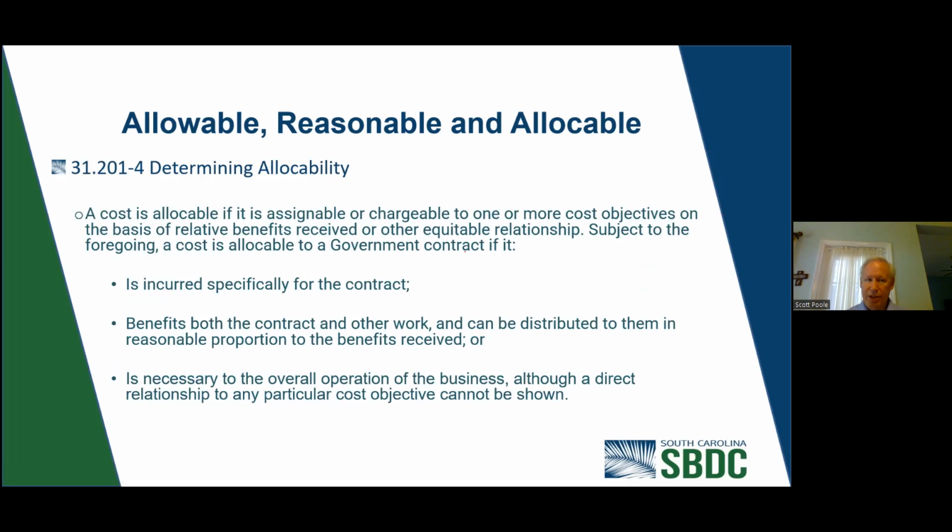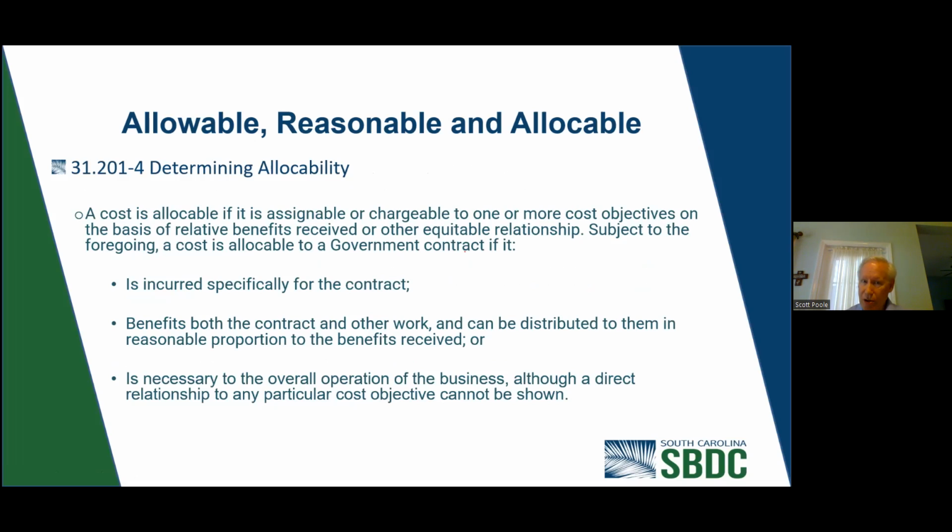Now, allocability. A cost is allocable if it's assignable or chargeable to one or more cost objectives on the basis of the relative benefits received or other equitable relationship. So that's subject to the foregoing.